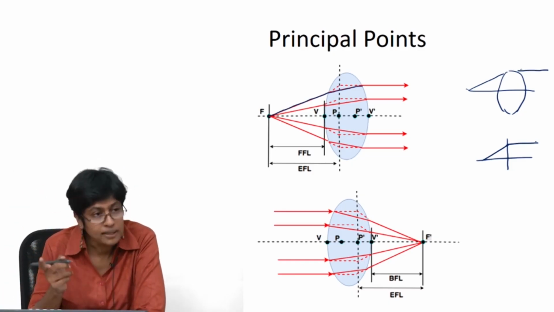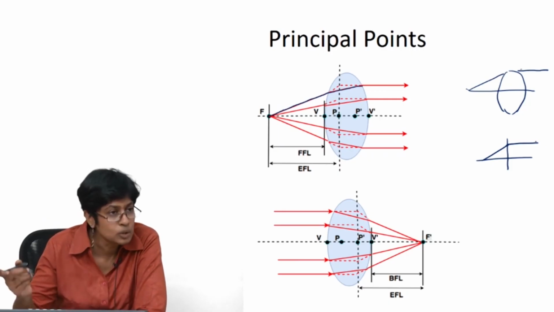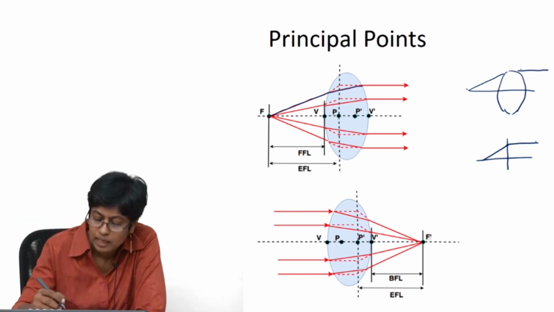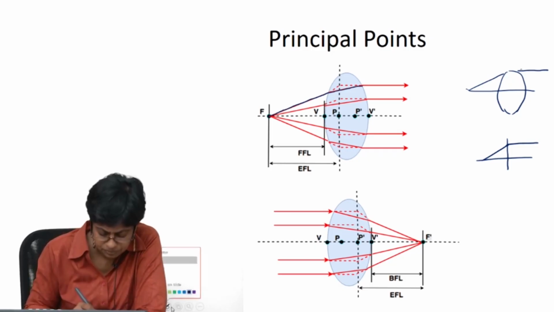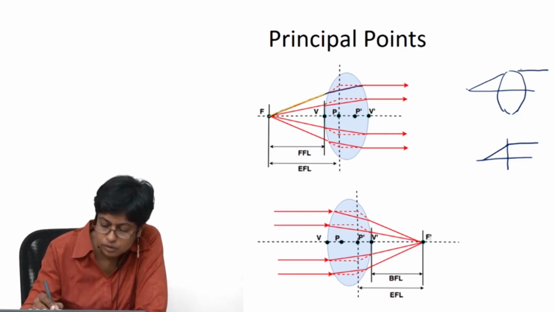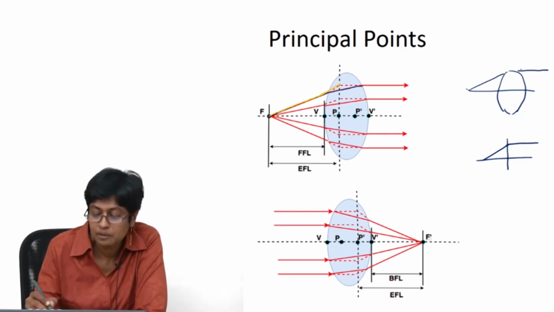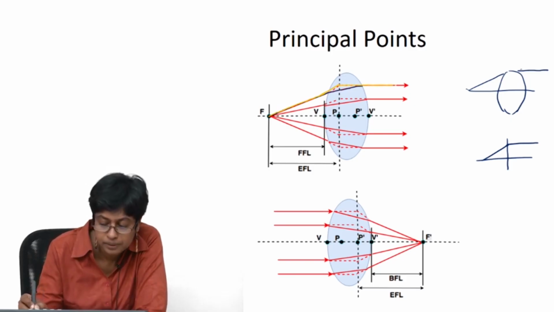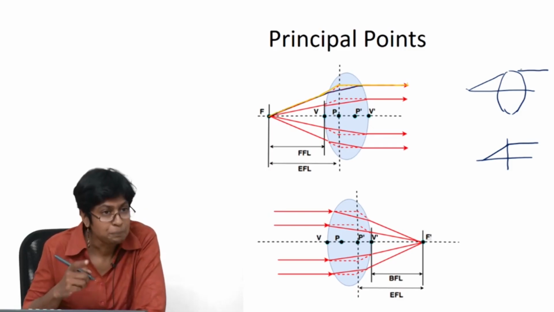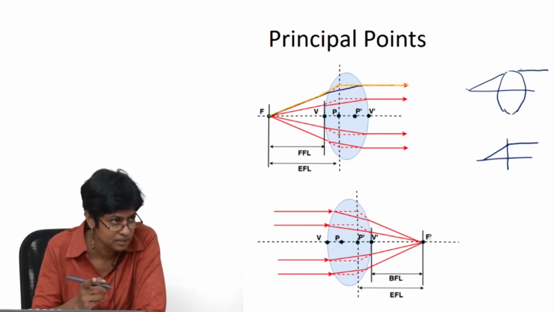And knowing where the principal planes are allows me to actually draw from the point at which the ray emerges, because I will draw a straight line starting from here. I will draw this line straight all the way to the principal plane, and then I will bend it and draw it parallel to the optical axis. That's not really what's happening, but the principal plane allows me to do this. You know why? Because we've gone through that derivation.